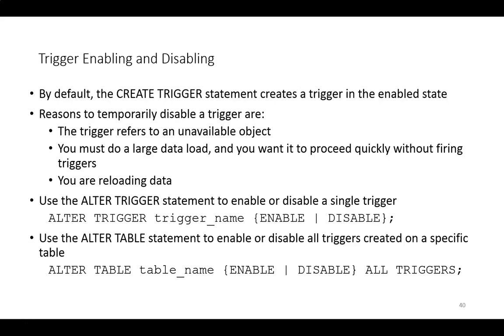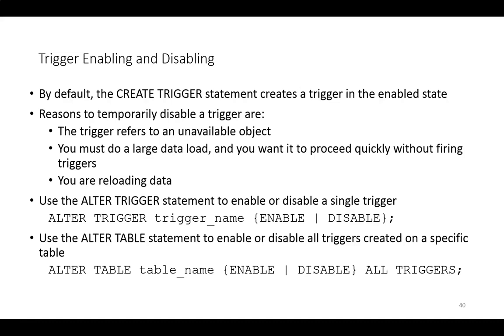By default, when a trigger is created using the create trigger statement, the trigger is placed in an enabled state. Once the trigger has been created, it will automatically enforce the business rule it was designed to enforce. But there are reasons which we might consider for temporarily suspending the execution of the trigger, disabling it.